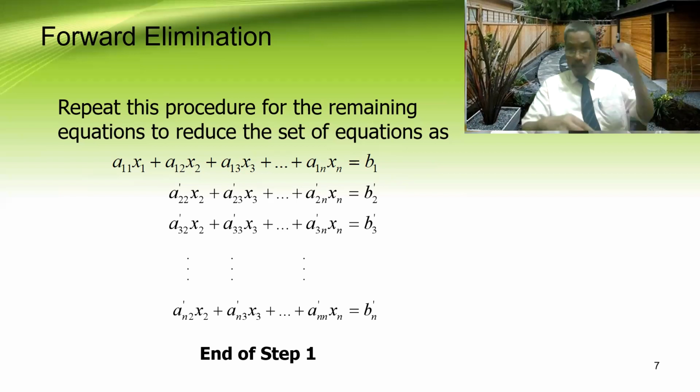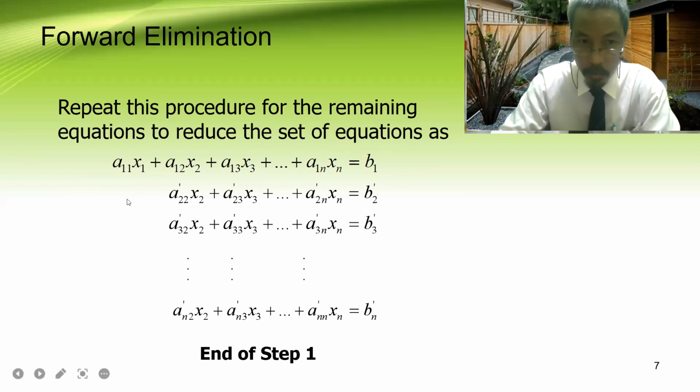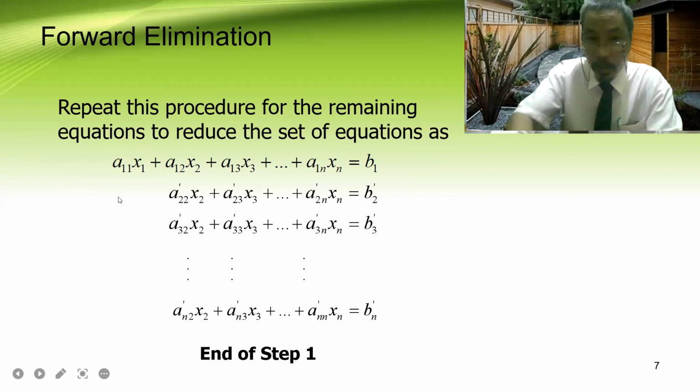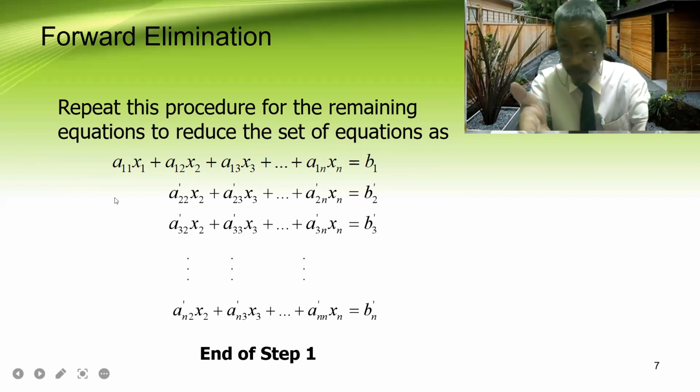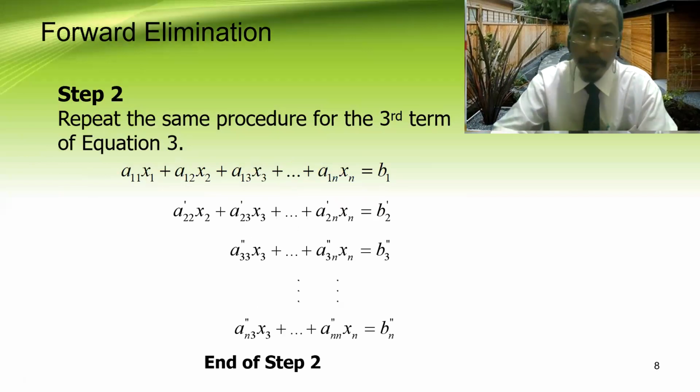That is what we are going to do for all of the equations, from the second equation, third, fourth, and so on. We want all of those first-term coefficients to be 0 by doing that same process. Afterwards, that is the end of step 1.